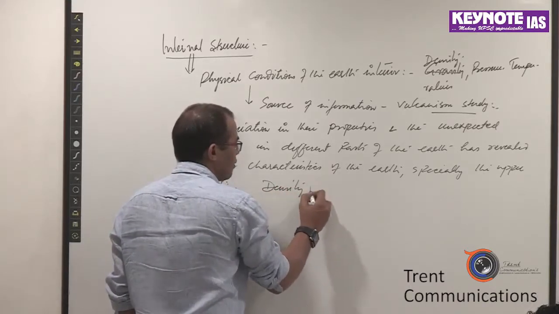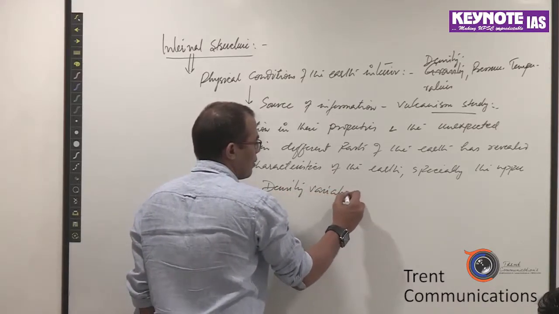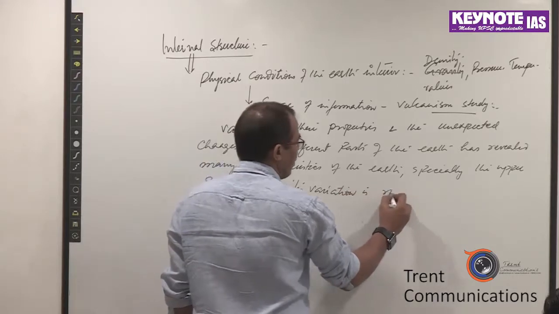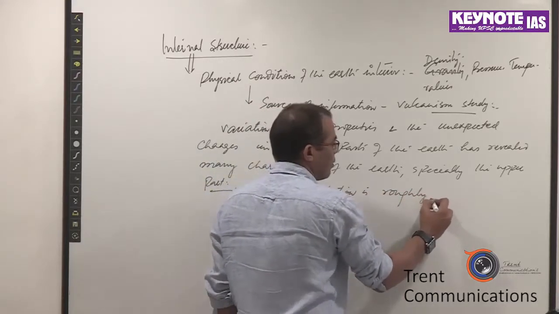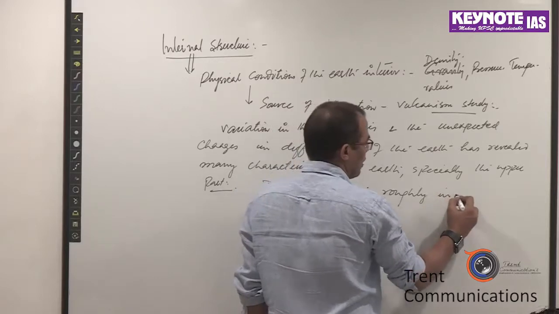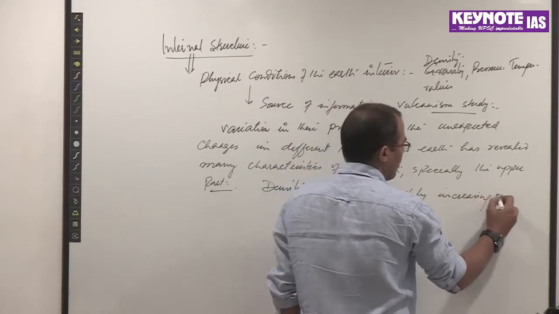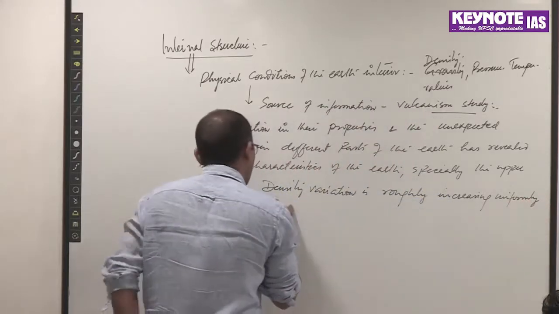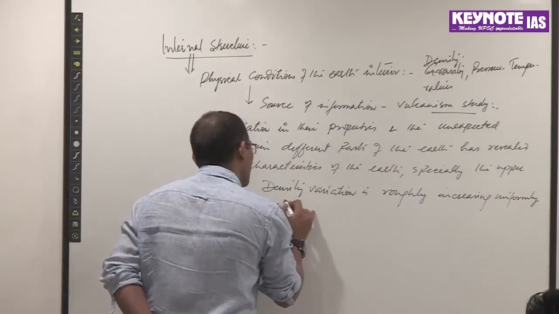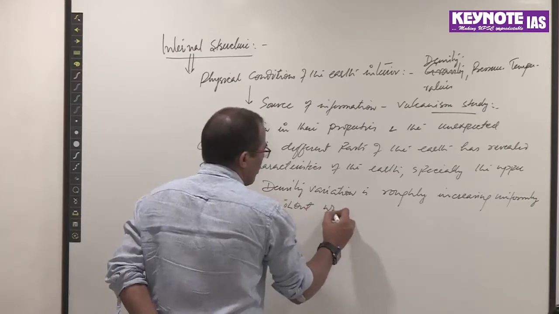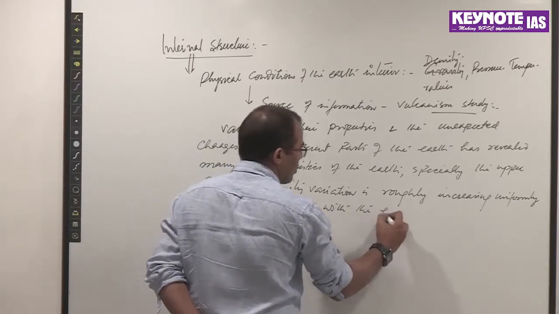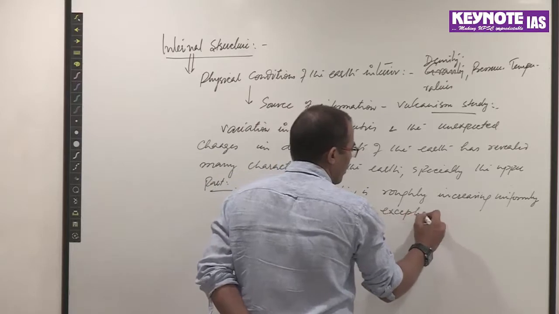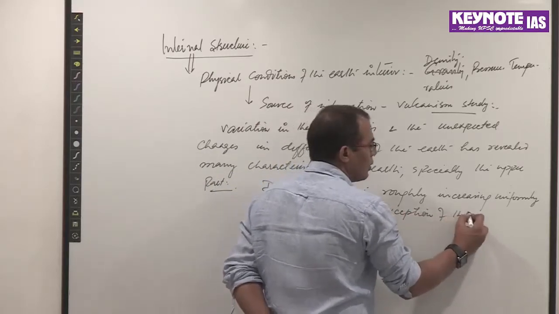Density variation is roughly increasing uniformly throughout, with the exception of the core.